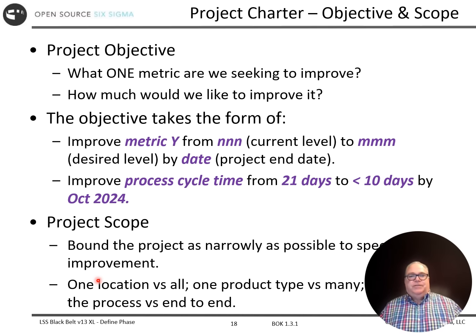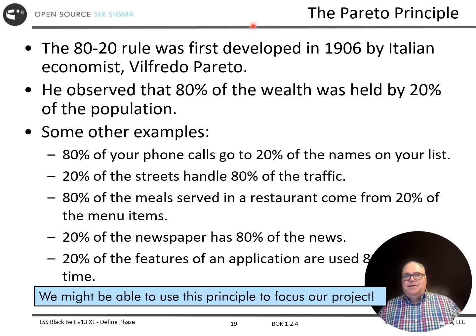Well, one of the favorite tools we have for helping to scope a project, and we can also use this in the tree analysis that we did before, is called the Pareto Principle, and the tool is a Pareto chart. And it very simply came out of a study that an economist, Vilfredo Pareto, did back in the early 1900s.